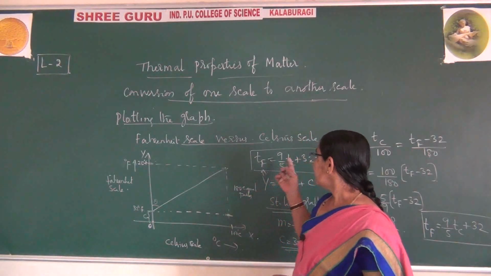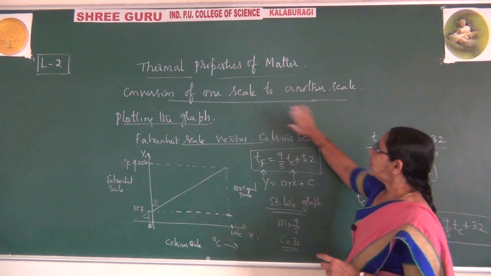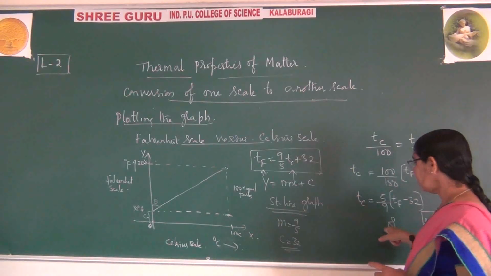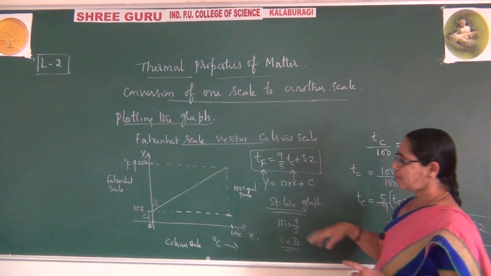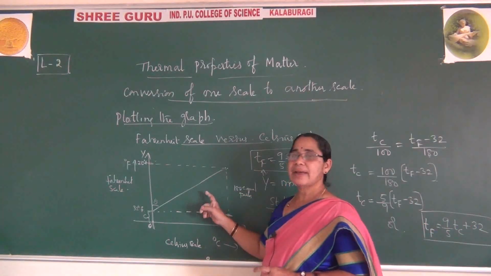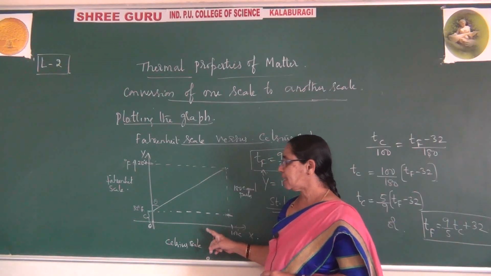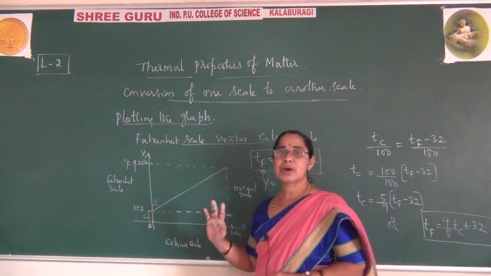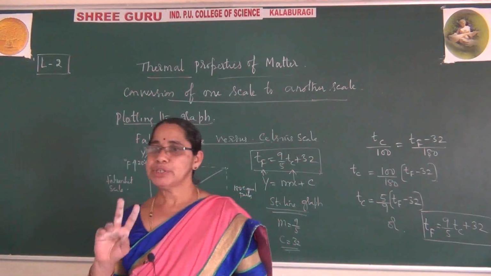Using that we have learned two formulas for conversion from one scale to another. With the help of these formulas, we have also learned a graphical representation of Fahrenheit scale versus Celsius scale. So this completes the concept of temperature using two scales.